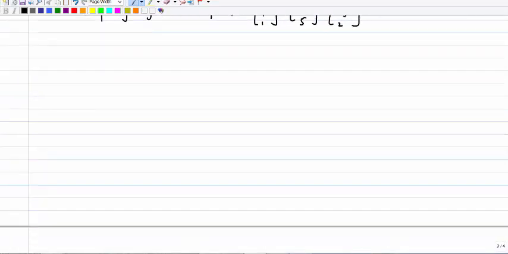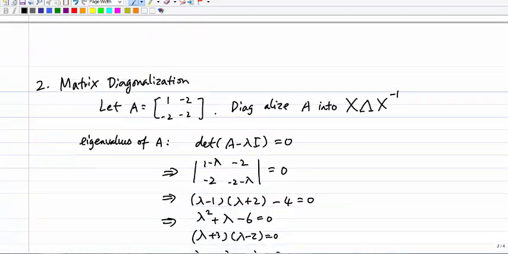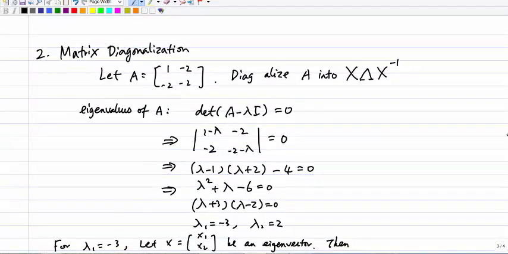Okay, all right. The next question is a little bit more complicated. It's about matrix diagonalization, and it builds on what I mentioned in the previous question. So let's talk about how to do that. The question is, if I give a matrix A which is 1, -2, -2, -2, I want to diagonalize this A into A equals X lambda X inverse.